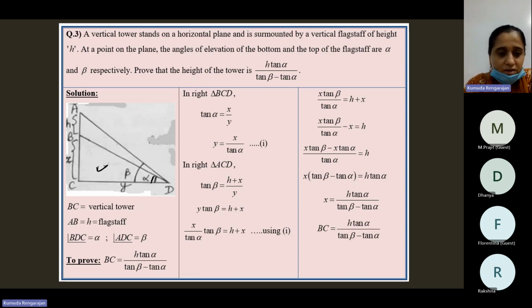This is the smaller triangle. You can start with any triangle. I normally start with the smaller triangle, so that it's easy for me to deliver it to the children. When I'm doing it in different ways, it becomes difficult for me also to make you understand. So I follow a protocol. So it's easy for me to deliver, plus easy for you to understand also.